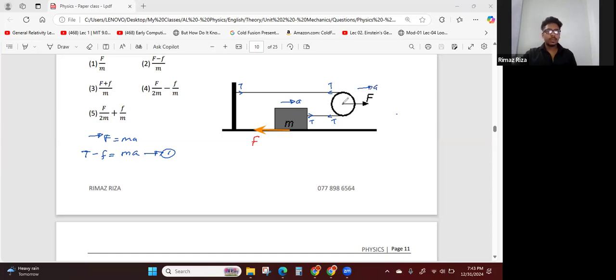Why? Because if you move this, let's say this is a point on the string and this is the midpoint. And if you move this point to here, what happens? Some length x of the string has moved here. The time taken will be the same.